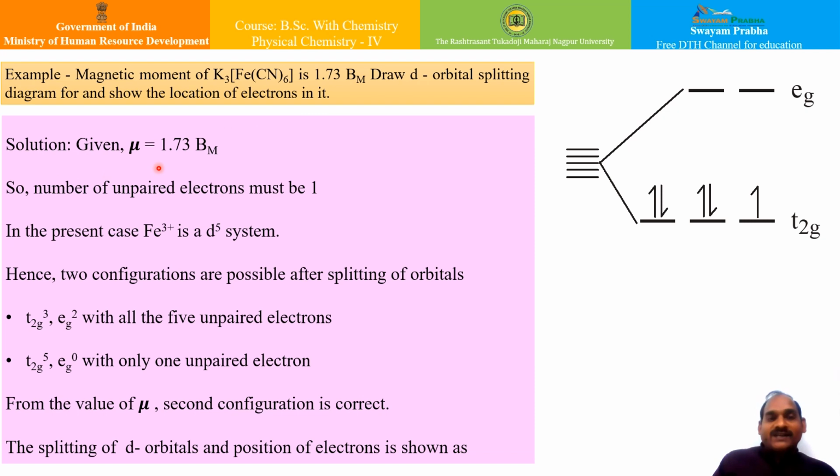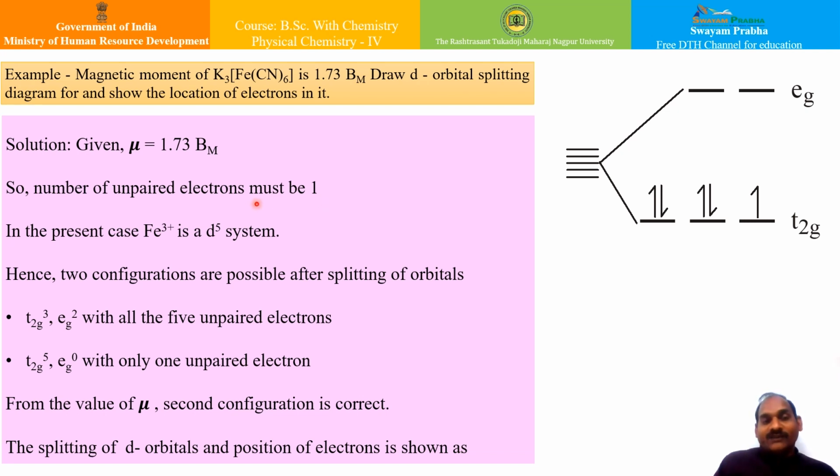It is given that my magnetic moment is 1.73 Bohr magneton, and therefore the number of unpaired electrons must be 1, since you know the formula, mu s is equal to square root of n into n plus 2. So if the value is 1.73 BM, that means n must be 1, and therefore the number of unpaired electrons must be 1 here. So it is now clear that we have got one unpaired electron.